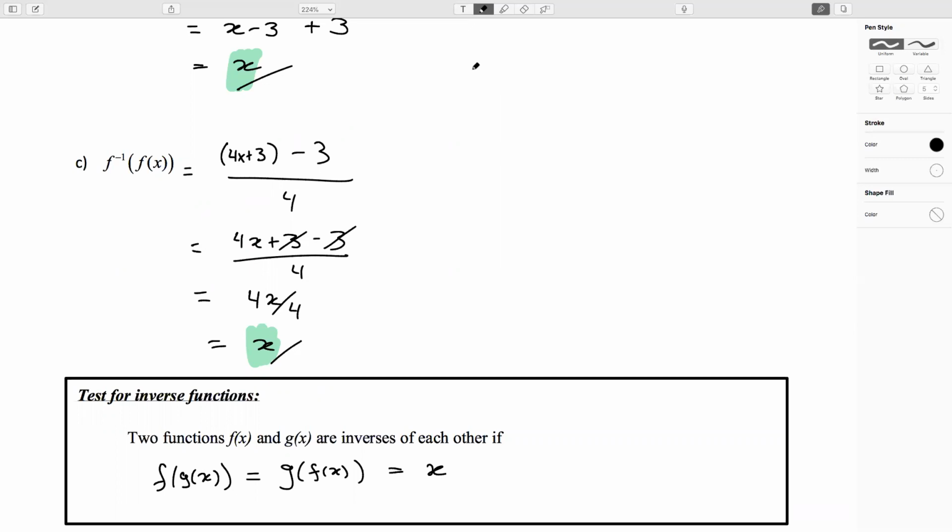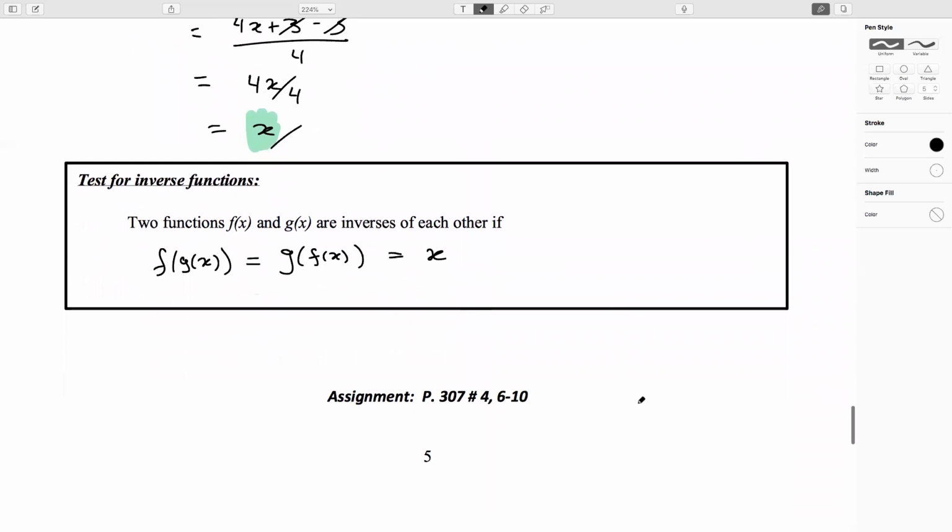After that, we were given graphs or tables instead of functions, and we needed to use those to find f of g of a specific value, like g of f of 7 or f of g of 2. And then lastly, we've developed a new test for inverses by finding f of g and g of f of x. So that's where I'm going to end the notes now.